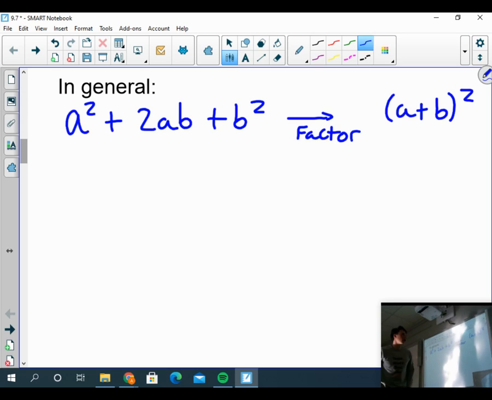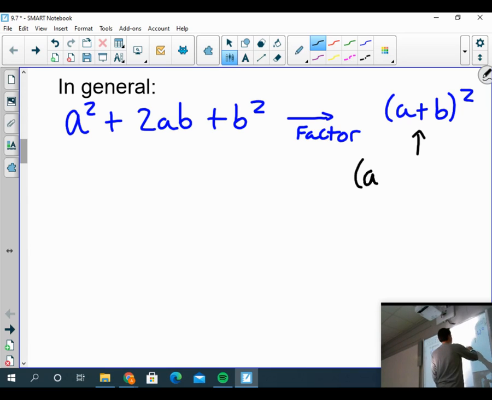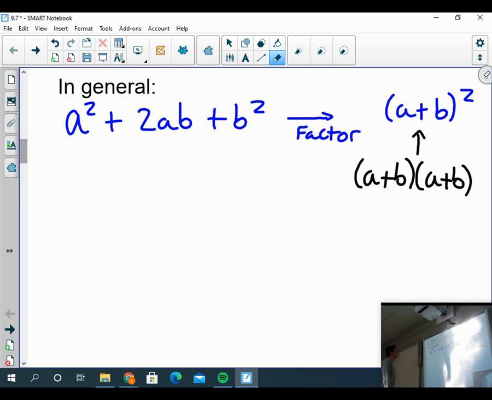Any perfect square trinomial that has the form a squared plus 2ab plus b squared will factor out to be a plus b squared. Okay, and again, we know a plus b squared, it's worth mentioning, is a plus b times a plus b. So as we saw above, if a perfect square trinomial is in this format, it will automatically factor into a plus b squared, which is a plus b times a plus b.